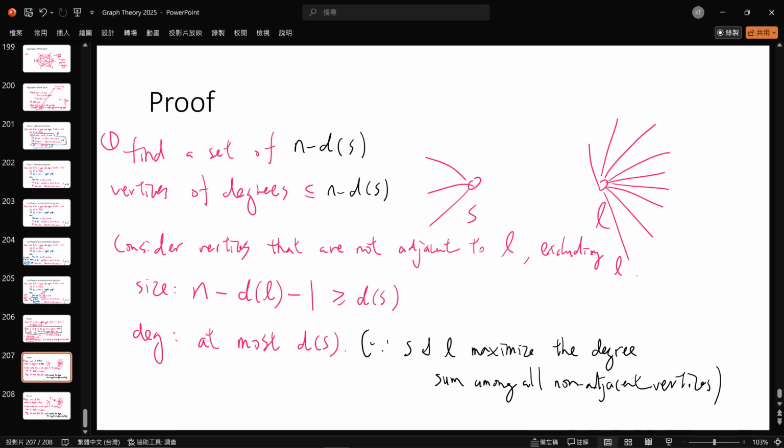So for the previous set, we consider vertices that are not adjacent to L. So how about this case?